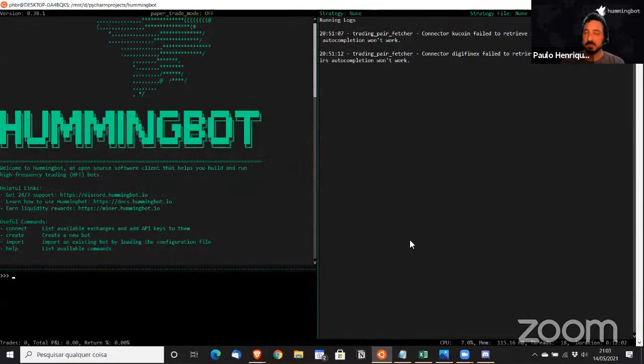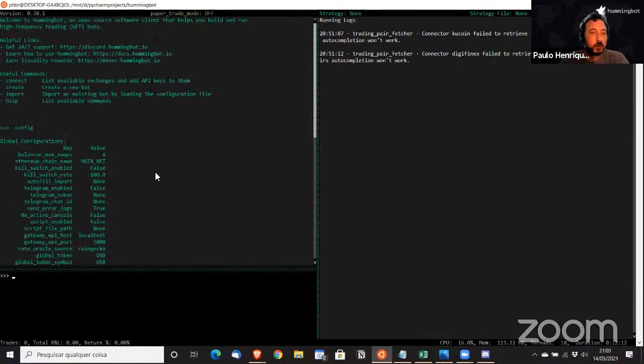First, as usual, in Hummingbot, if you type config on version 0.38, you will notice a few extra global configuration parameters: the rate oracle source, the global token, and the global token symbol.